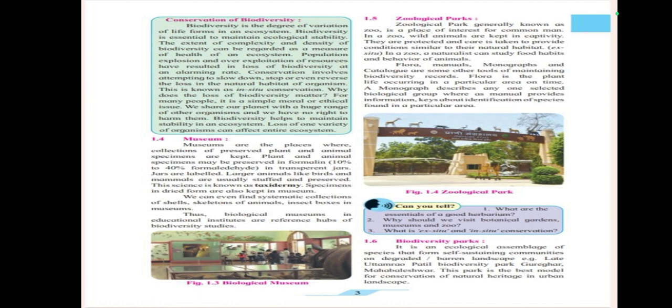We can even find systematic collections of shells, skeleton of animals, insect boxes in museums. Thus, biological museums in educational institutes are reference hubs of biodiversity studies. Zoological parks. Zoological parks, generally known as zoo, is a place of interest for common man.